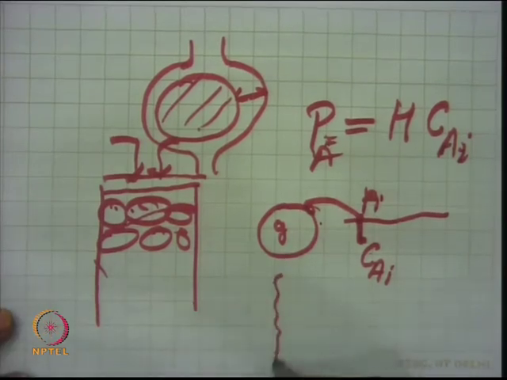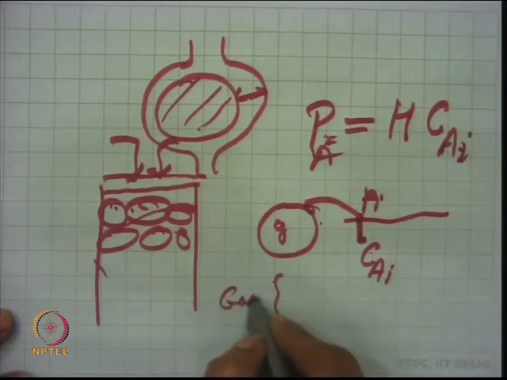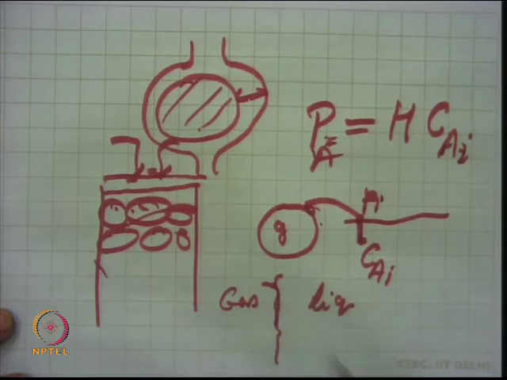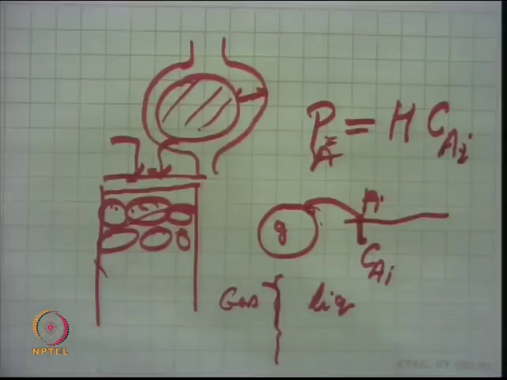I will show a film like this. There is a gas and there is a liquid, and from here to here there is a kind of transport. There is a kind of membrane or film through which the gas has to diffuse. That will depend on the thickness of that film, and on the equilibrium composition or concentration of the gas in the liquid. That is governed by Henry's law.